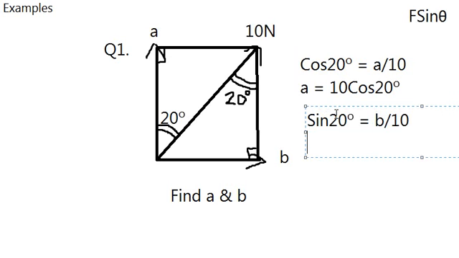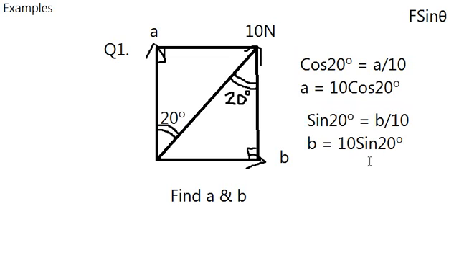And we can again say that B is equal to 10 sine 20 degrees. Again, it fits the pattern F sine theta. And now we can get the result by just using your calculator. So do your calculation, and I will see you in the next section.